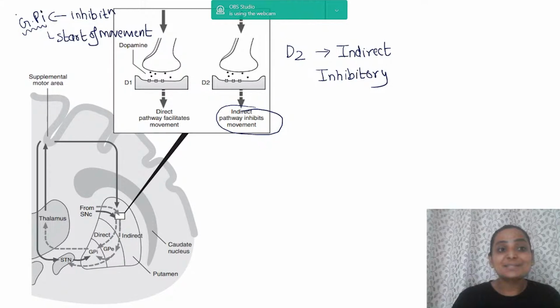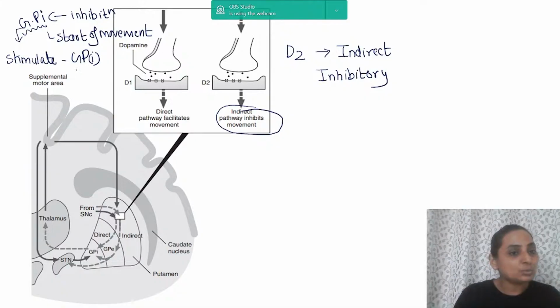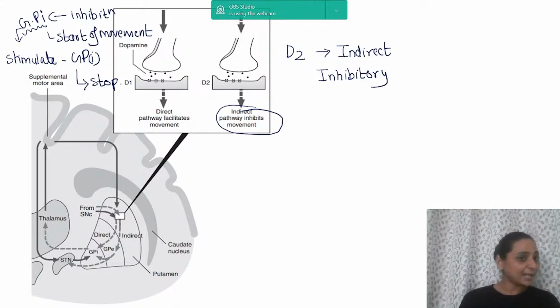Initially I inhibited it, but now I will have to stimulate the globus pallidus internal segment, so that when it is stimulated, it is going to bring about the stoppage of the movements. So how will this happen? See, this inhibitory pathway is from the striatum.